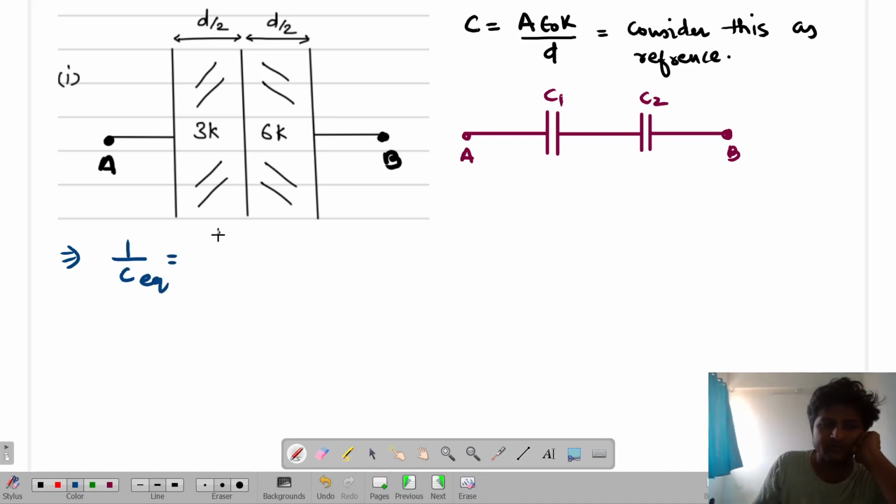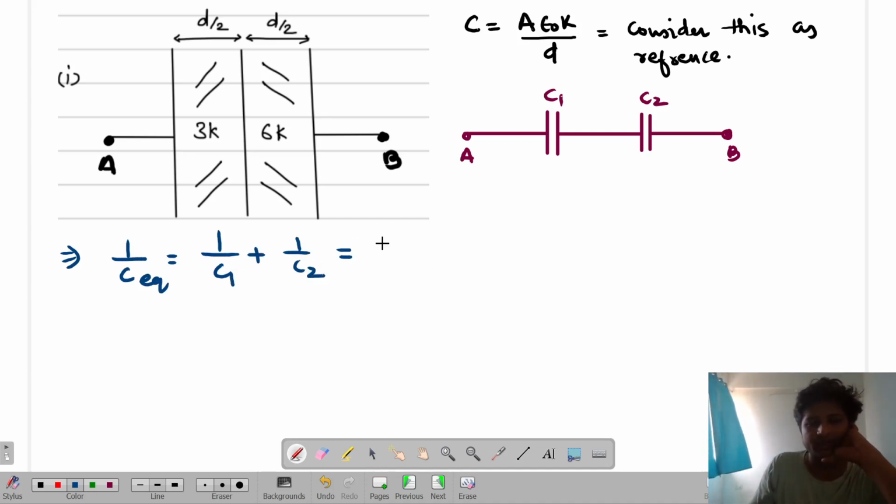So just write 1 by C equivalent is 1 by C1 plus 1 by C2. What is C1? It is 3K A epsilon naught divided by the distance, which is D by 2.